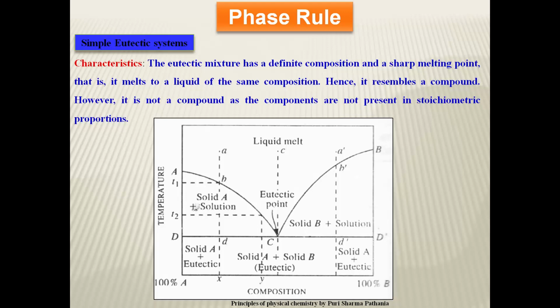This is the diagram corresponding to a general eutectic system considering any two components A and B. But if in the examination you are given any two arbitrary components A and B, with certain melting points assigned, and certain conditions, such as the composition at which they form a eutectic mixture and its melting point, you should be able to construct this phase diagram, and that is very simple. By the end of this video, I'm sure you'll be able to do that.